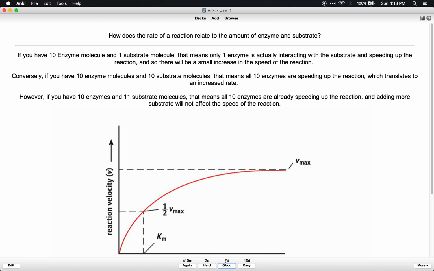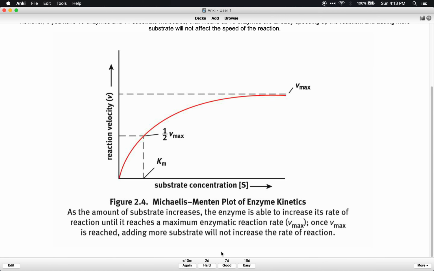So this is basically saying as you add more enzymes, you can speed up the reaction rate. But if you keep adding more substrate, you'll hit a point where it reaches saturation, where adding more substrate will not affect the speed of the reaction.